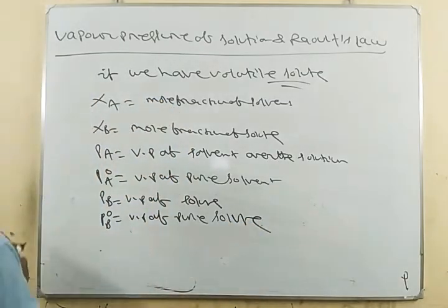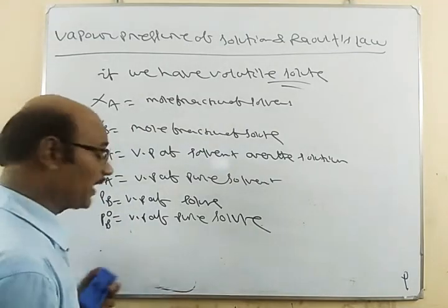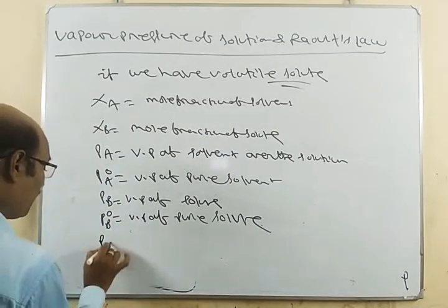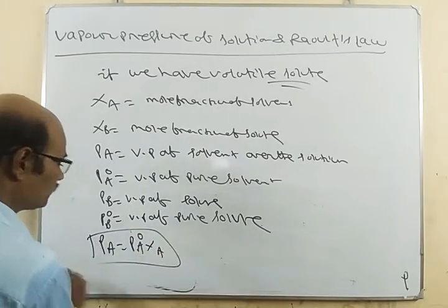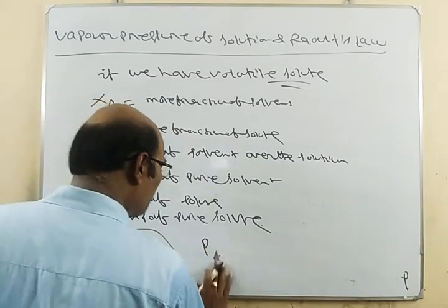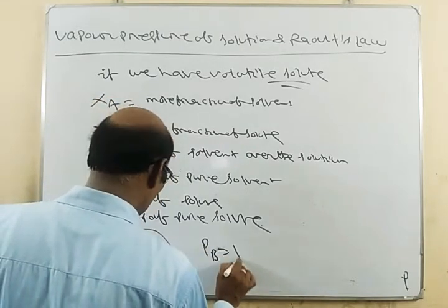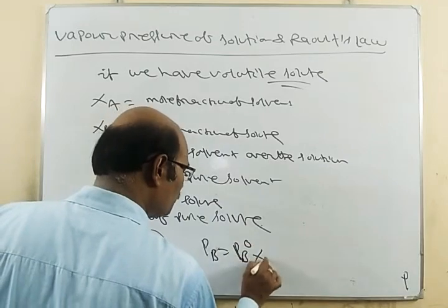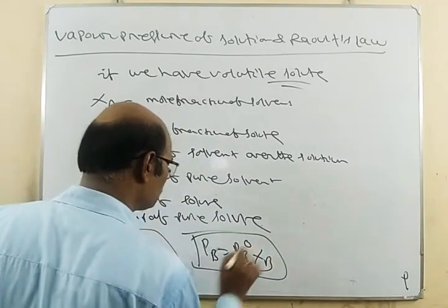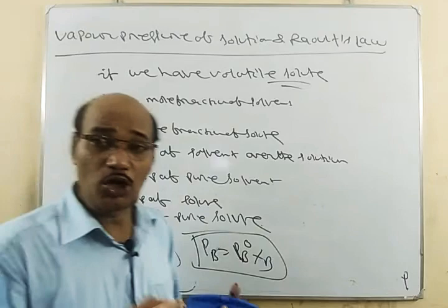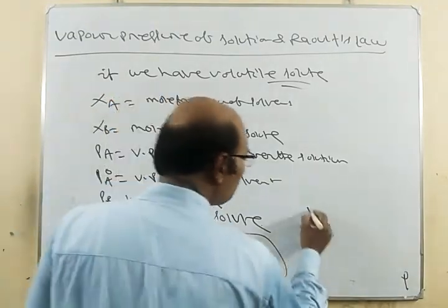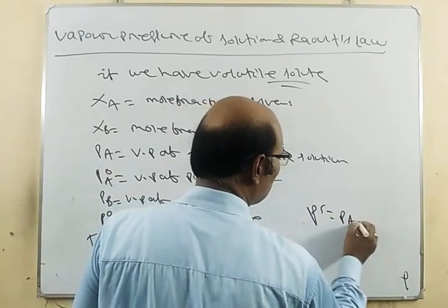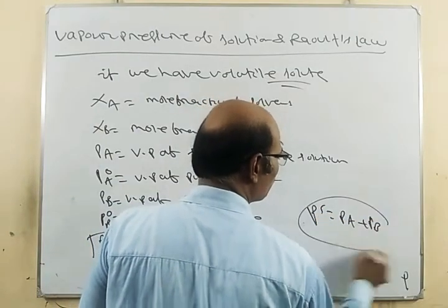So let A be volatile and B be volatile, solute and solvent both volatile. Then I can write PA is equal to PA0 XA and PB is equal to PB0 XB. That means when the solute and solvent both are volatile, then PS is equal to PA plus PB.